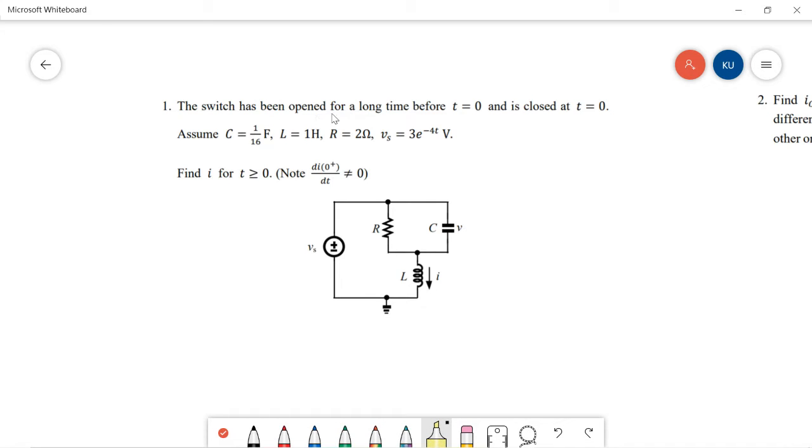So the switch has been open for a long time before t equals 0. Well, there's no switch. I forgot to put the switch here. And it's closed at t equals 0.